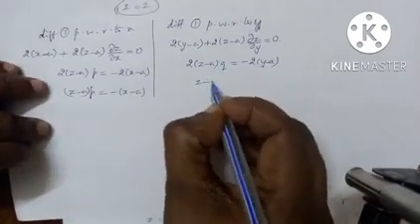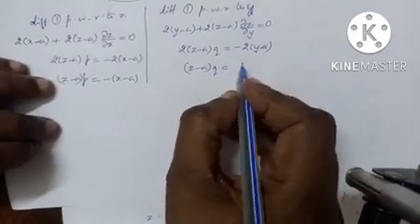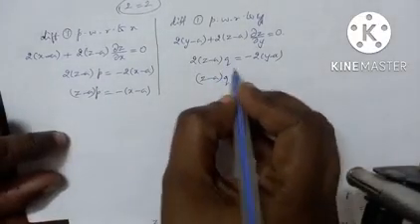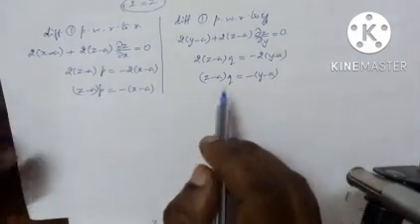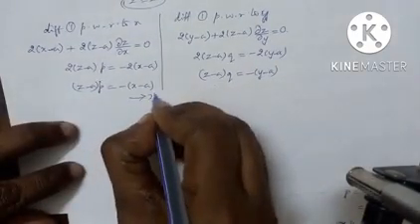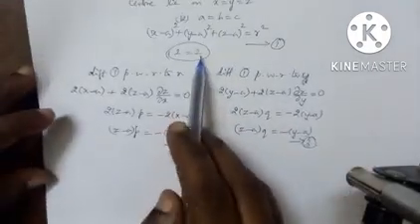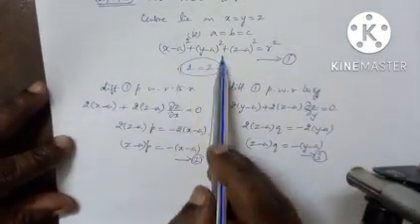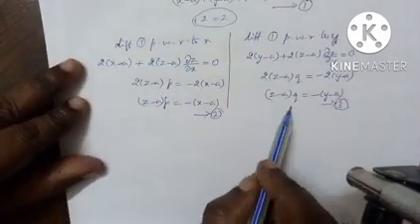Both sides 2 get cancelled. z minus a into q equal to minus of y minus a. Okay. So I have got the second equation and the third equation. Let's see the first equation, right? Second equation I have got, and the third equation.